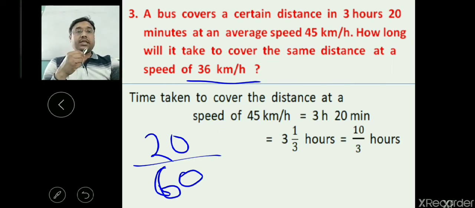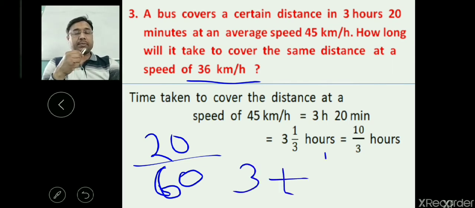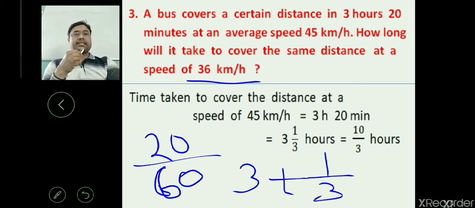So it is 3 whole 1 by 3 hours, which means 10 by 3 hours. So the time taken to cover the distance at a speed of 45 km per hour is 3 plus 1 by 3, which means 10 by 3 hours.